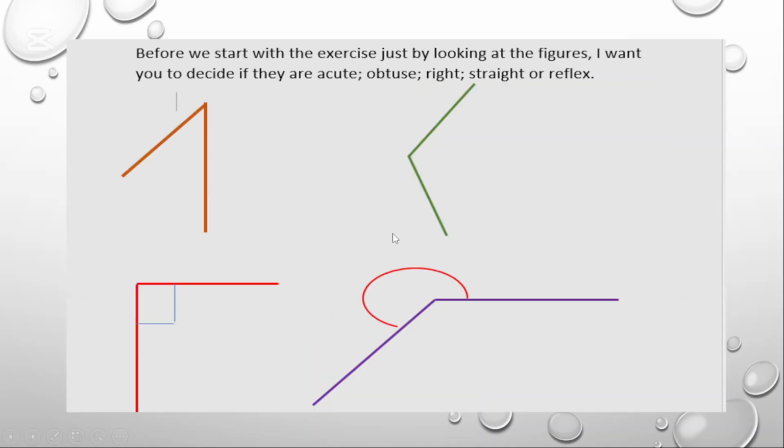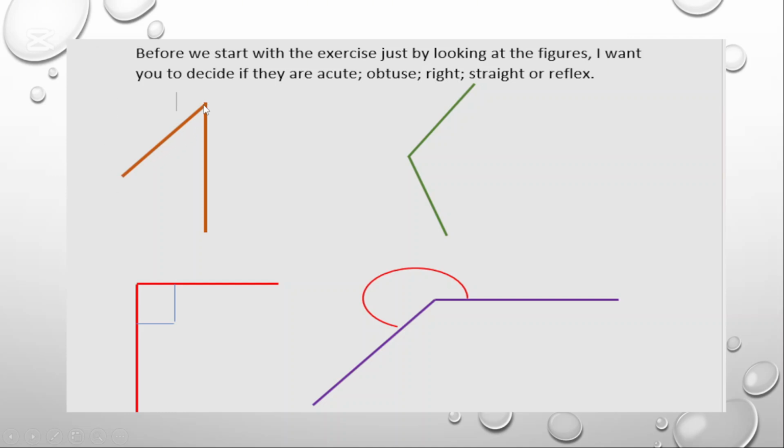Now before we start with the exercise, try just by looking at the figures. I want you to decide if they are acute, obtuse, right, straight or reflex. Can we start?